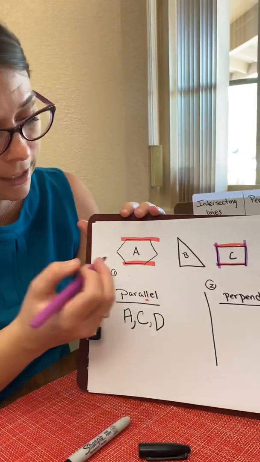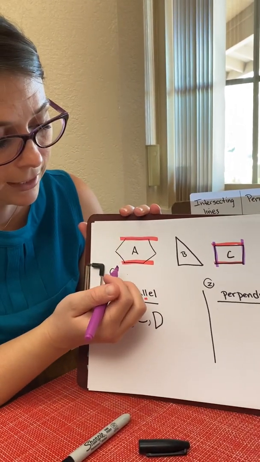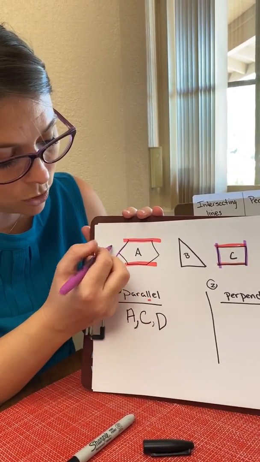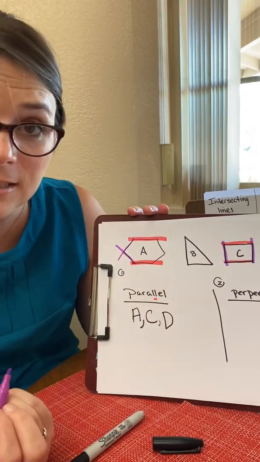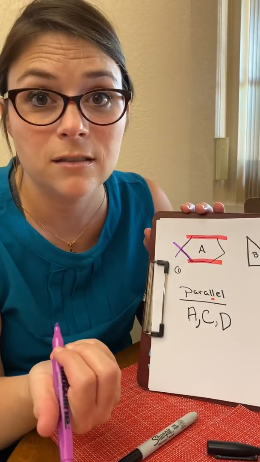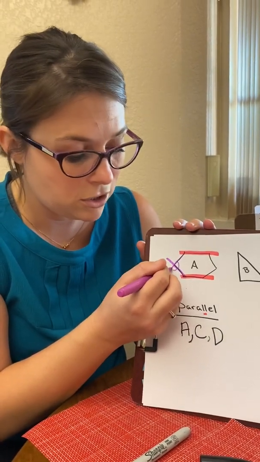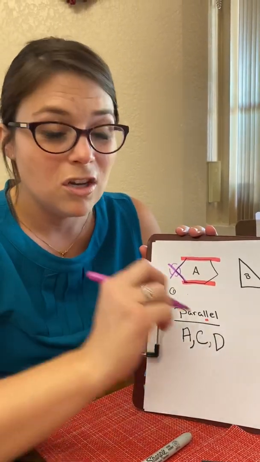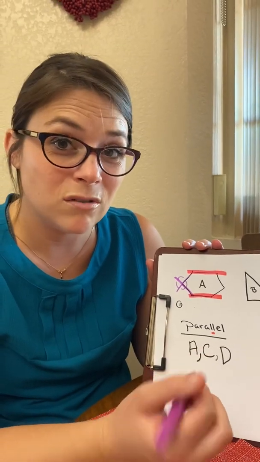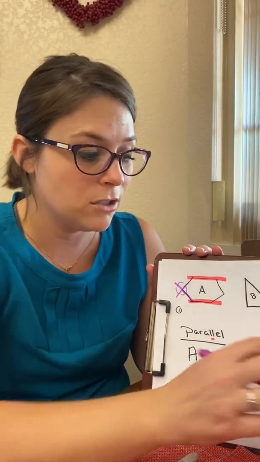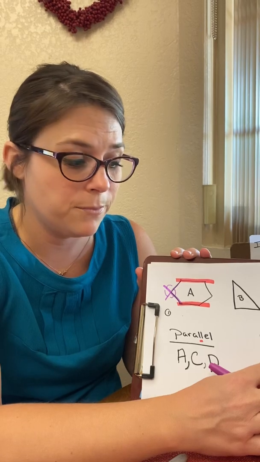So when I look at my hexagon and I see that these cross, my first instinct is great, they intersect. But then I have to ask myself, do they make a right angle? And the answer is no, they don't make a right angle. So because they don't make that right angle, they're not considered perpendicular. So I'm not going to put A over there.